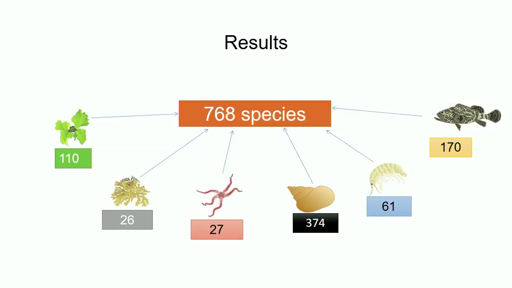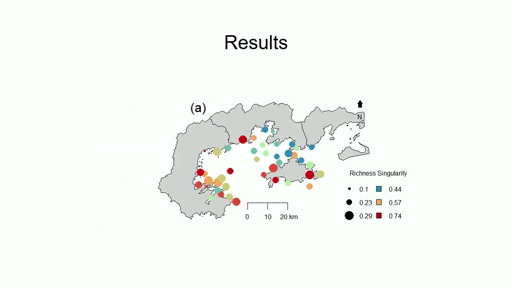Most of them were mollusks, as you can see here. The distribution in the bay looks a bit like this. The bigger the bubble, the richer it is. And the colors are a heat map, where the hot colors show places with more unique species, more rare to find in the bay.